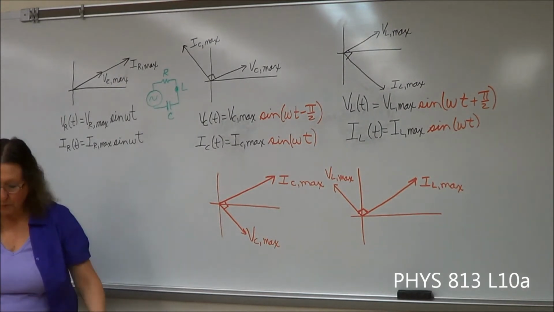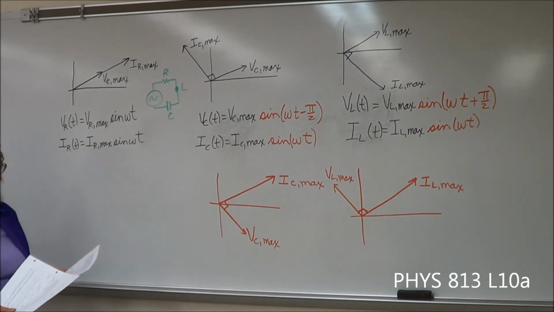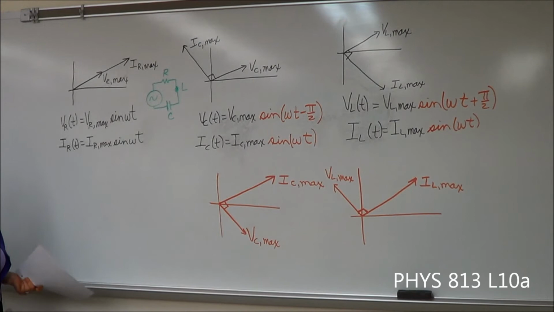Well, what do we do with this? We still need to put these three things together into one picture, equation, problem, whatever you want to call it. So on page 83, step number 4, it talks about that we have these three phasor diagrams.